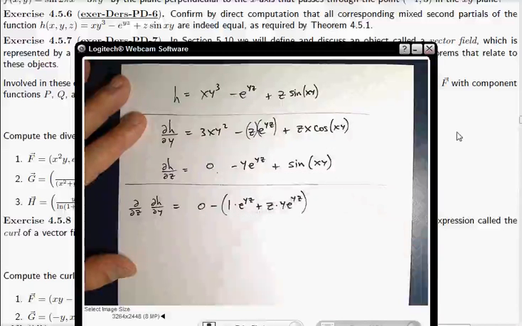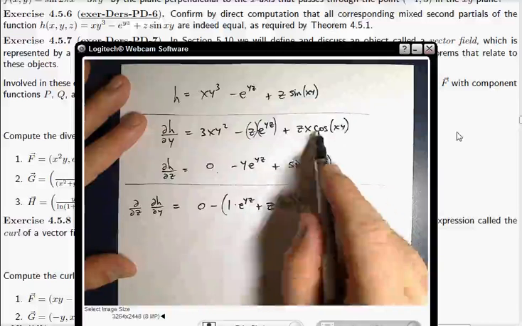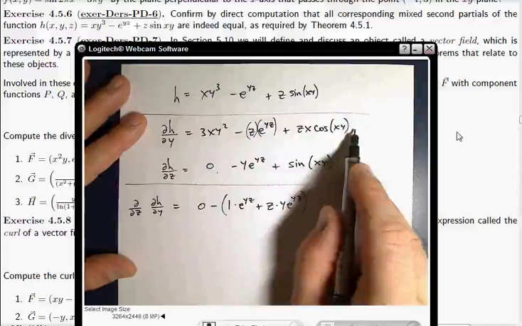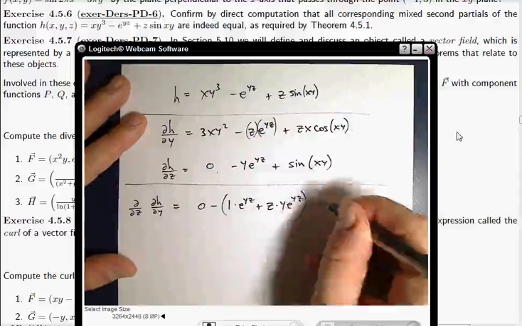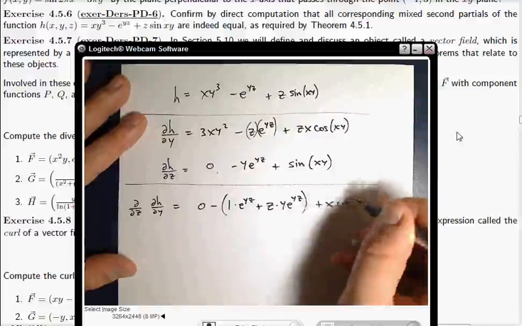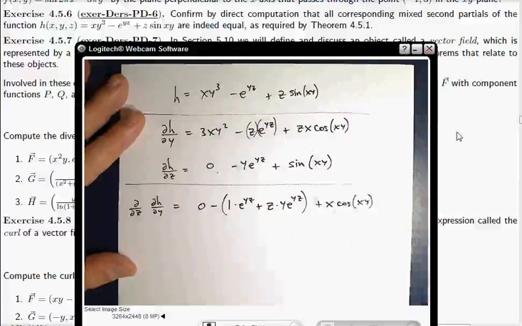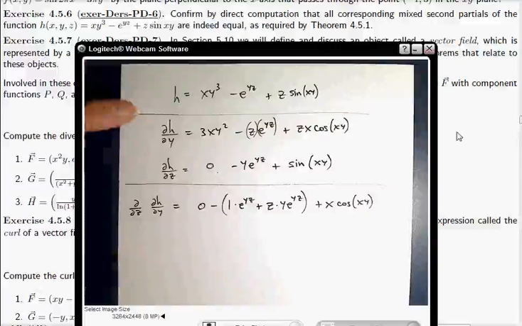And now the z partial of this last term: it's z times a bunch of constants, and so we have just x cosine of xy. So that was the z partial of this.